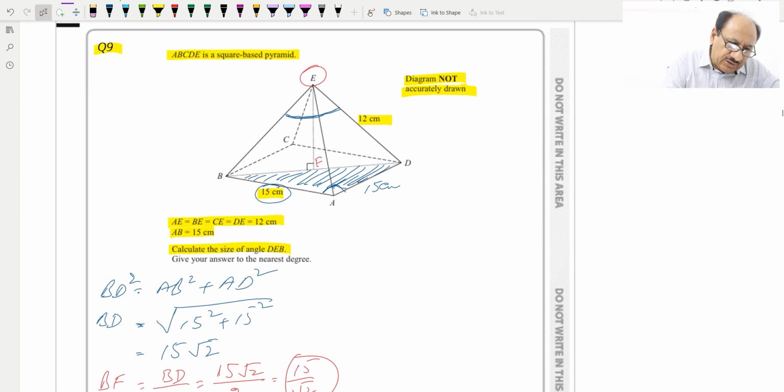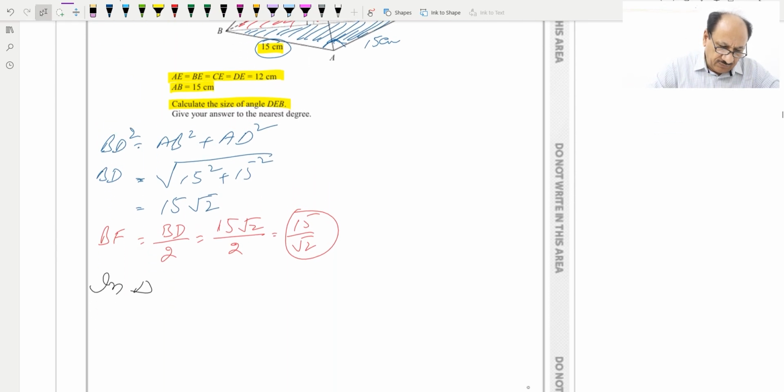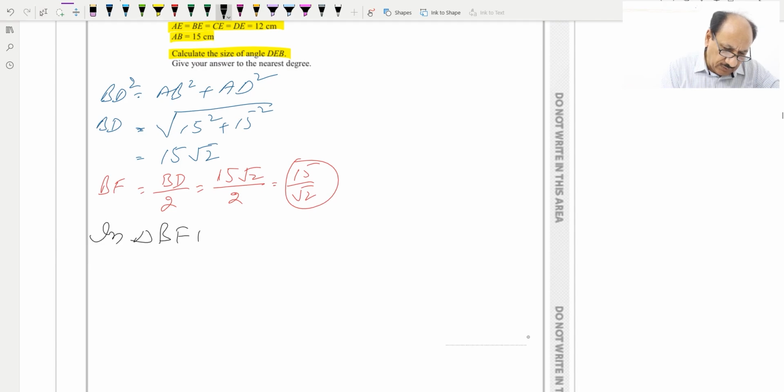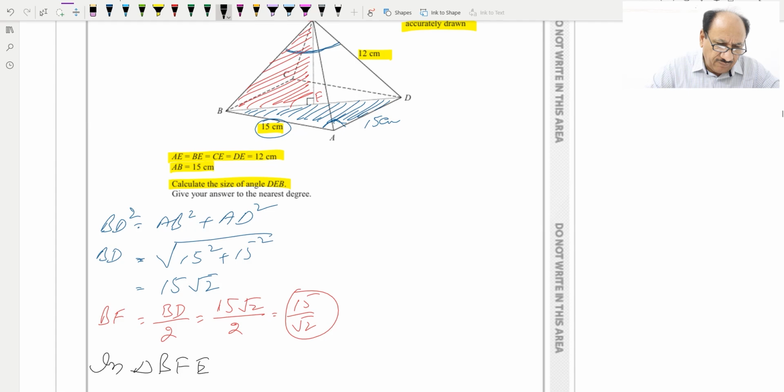Now which triangle will we be considering? I will shade the triangle. We are considering this right angled triangle, and in triangle BEF, I will change the color so that you can understand. In triangle BEF, for angle BFE, we can write BF over BE, which is opposite over hypotenuse.